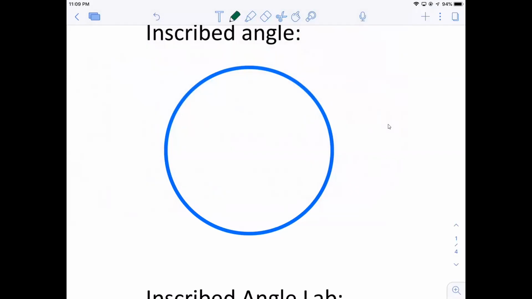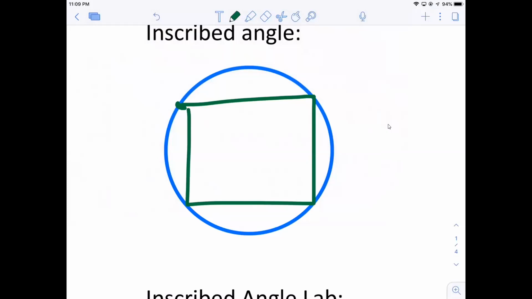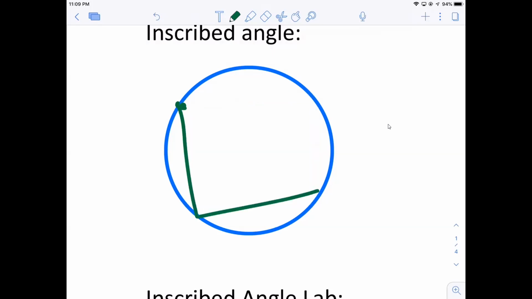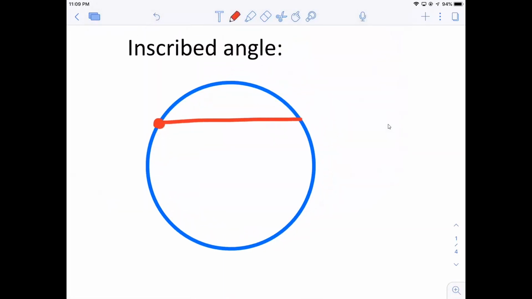When something is inscribed in a shape, say I inscribed a square in the circle, each of the vertices of the square is going to be on the circle. Same thing if I inscribed a triangle, or a pentagon or anything else. So an inscribed angle behaves the same way. An inscribed angle is an angle where the vertex is on the circle. For example, this here is an inscribed angle.